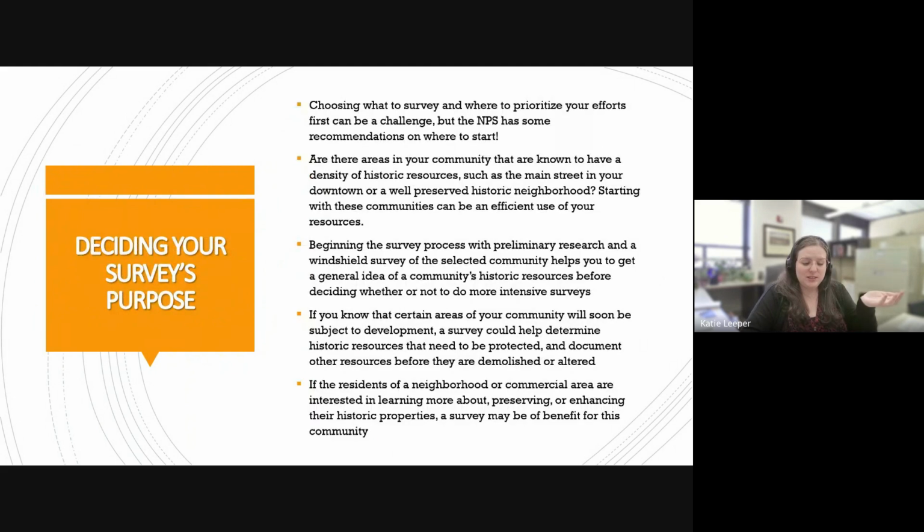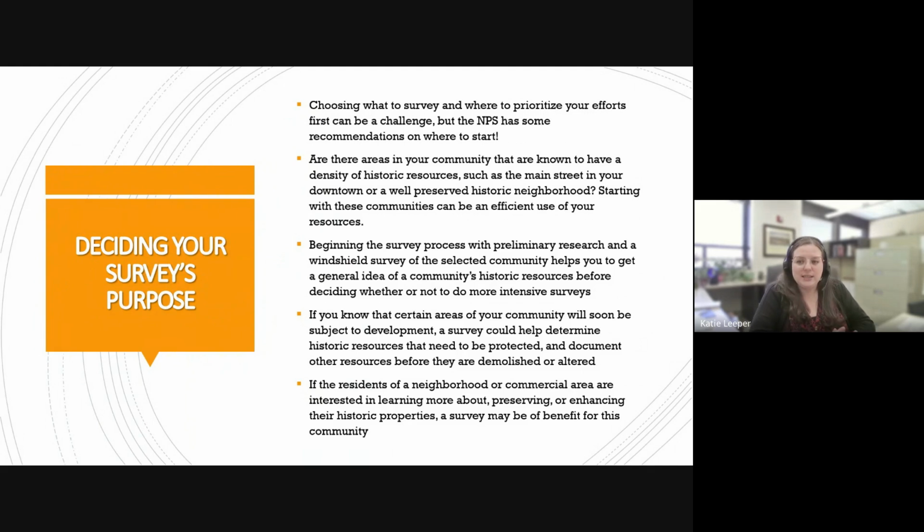And once you go through these questions, then you'll need to also decide your survey's purpose. And it can be a bit of a challenge, but the National Park Service has some recommendations on where you can start looking for these priorities. And some of them are easier, such as if you don't have a downtown, like Main Street district nomination, that's a great place to start.